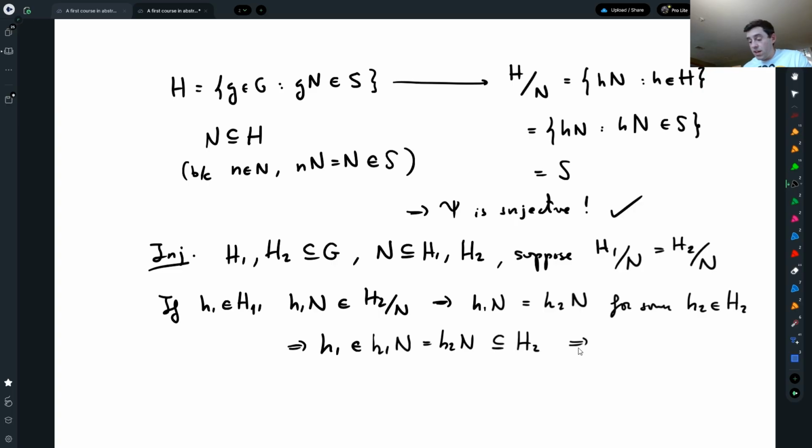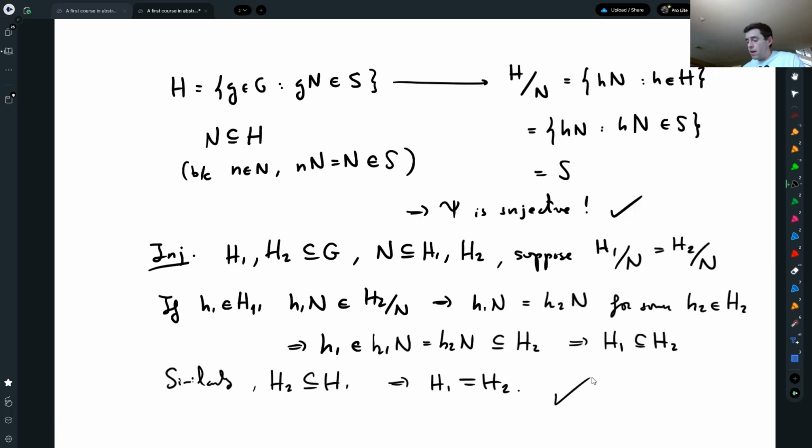So this tells me, since little h1 was arbitrary, that all of capital H1 is contained in H2, and similarly, we can conclude that H2 is contained in H1 by symmetry. And therefore, we get what we want, which is that H1 equals H2, and therefore it is injective, and the correspondence is in fact bijective.